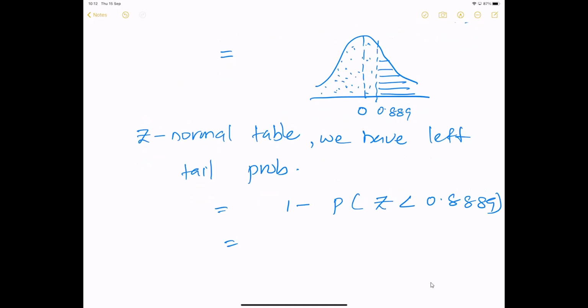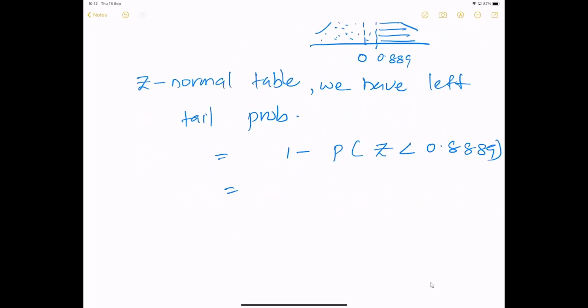Let's see the table. We want to find the probabilities. I will share the table with you.